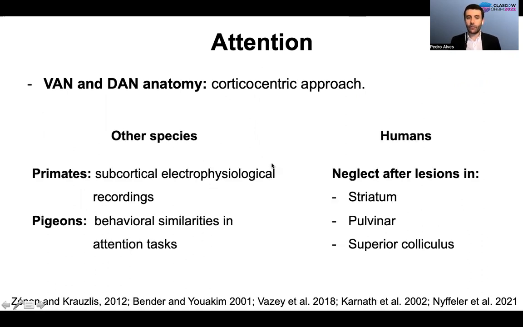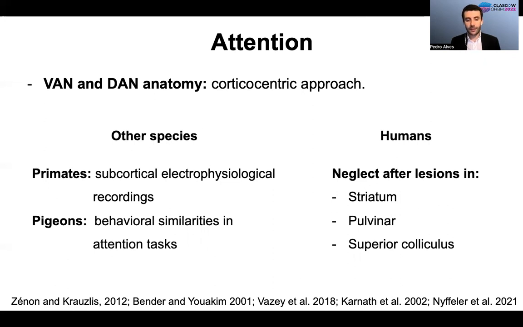The study of the neuroanatomy of these networks has taken a corticocentric approach. However, some evidence suggests that they may also have subcortical components. First, electrophysiological recordings in primates have shown that subcortical structures such as the pulvinar and the superior colliculi also regulate attentional mechanisms.